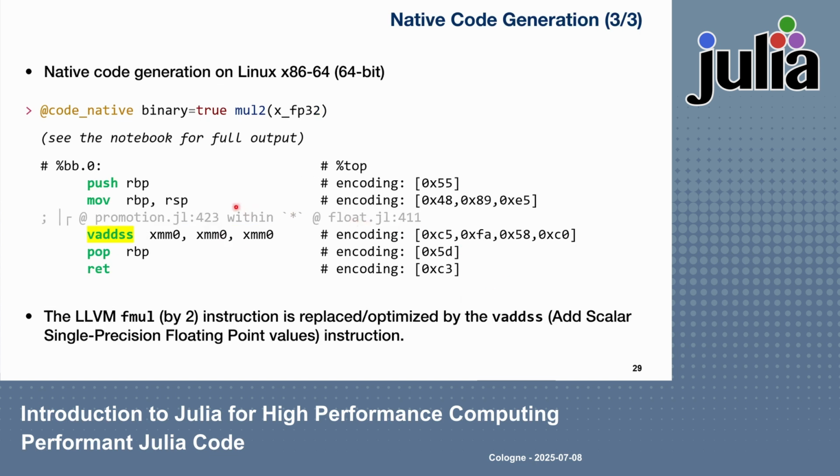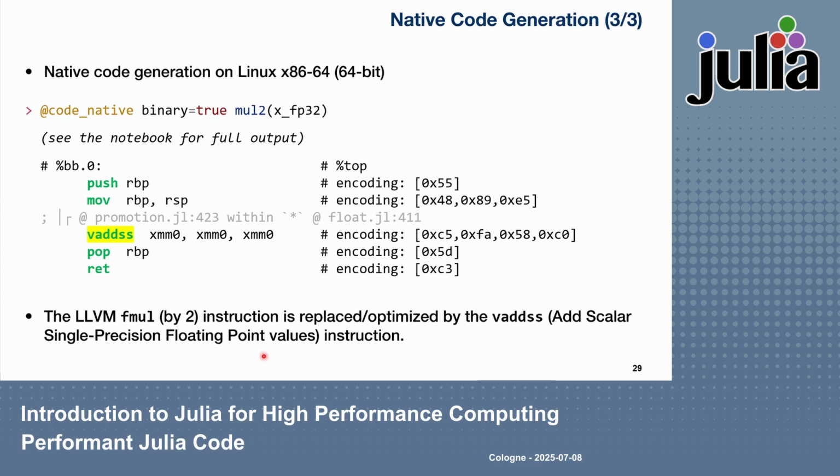And let's take a look. If you are using a 64-bit integer, instead of address manipulation instructions, you will trigger v_add_ss, which is the add scalar single precision floating point value instruction. Forget about the name.